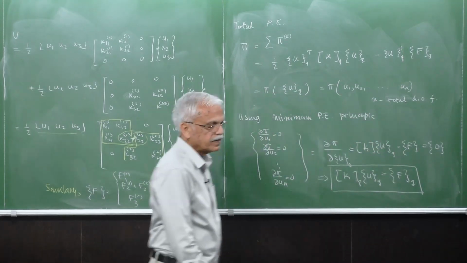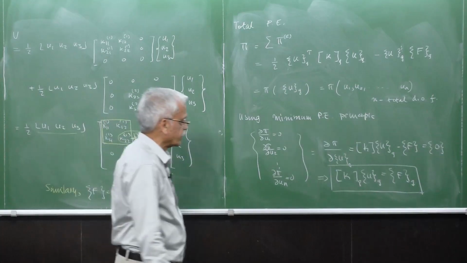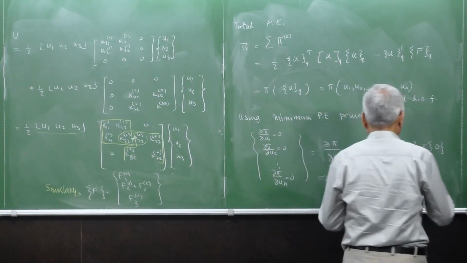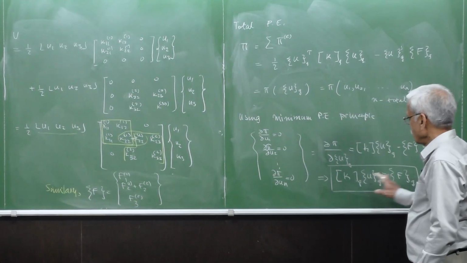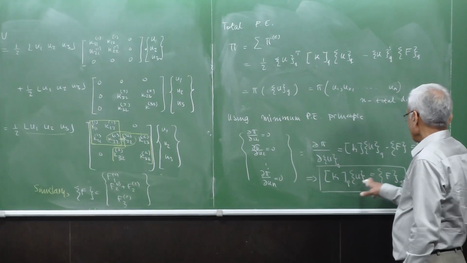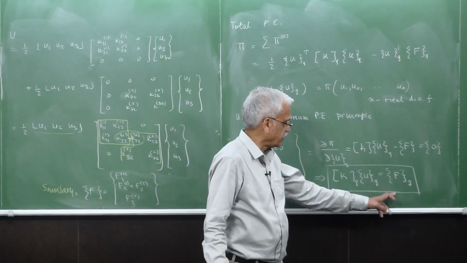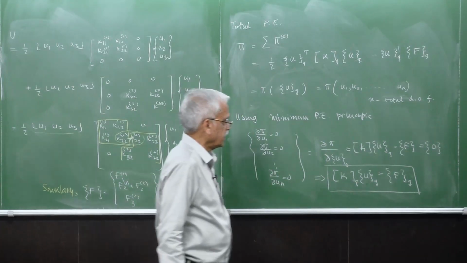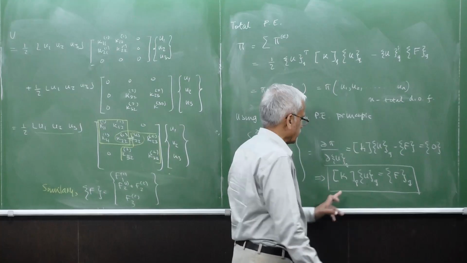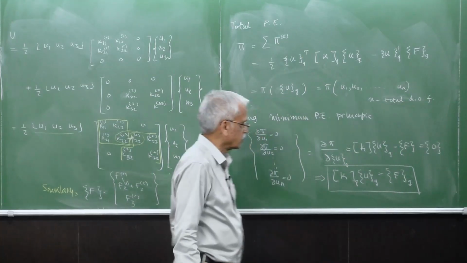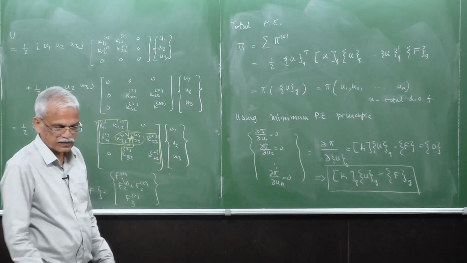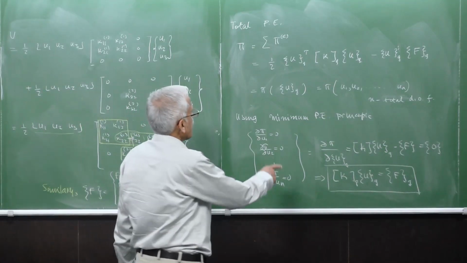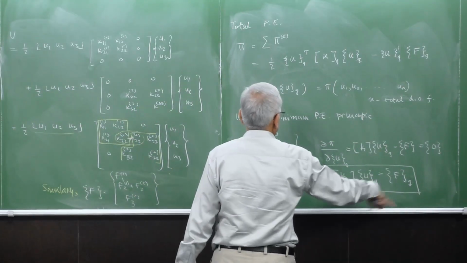It is an algebraic equation in terms of the unknown displacements, and these are the forces which we know, and K times U, all global, are appearing here. Then we can take the K to the right side by taking the inverse. So Ug will be K inverse Fg. This is written in terms of matrices.